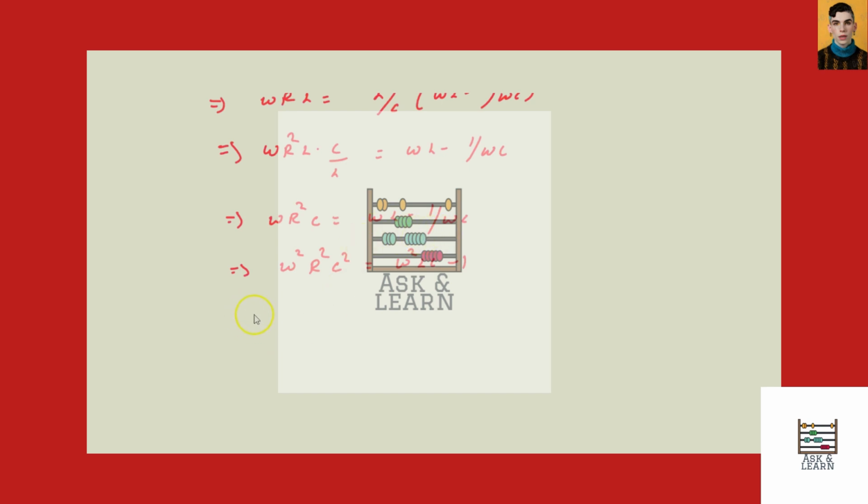So the effective value of inductance L equals omega square R square C square plus 1 upon omega square C. Now this is the effective value of inductance L.